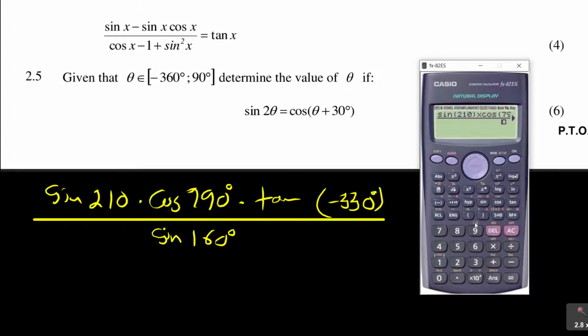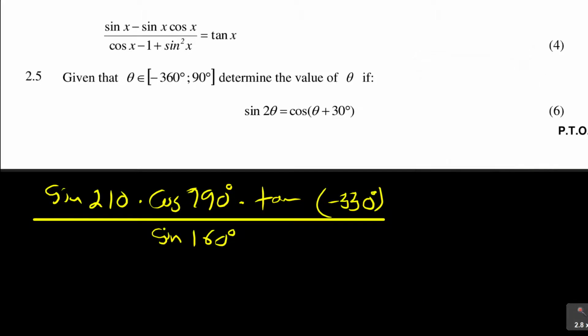But use it now to see what this becomes. All right, there we go, equal to negative 0.2886 something. So let's work towards this.